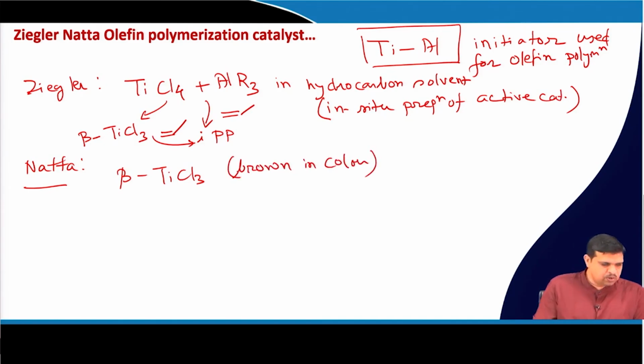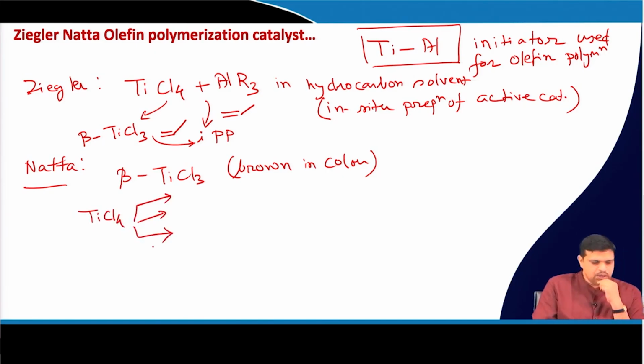Okay. So after that, Natta was trying to establish different routes to make the TiCl3, by reducing the TiCl4 with aluminum, or hydrogenation, or using other aluminum derivatives.